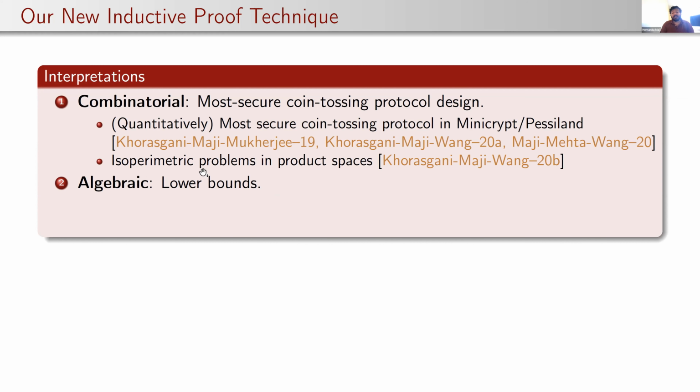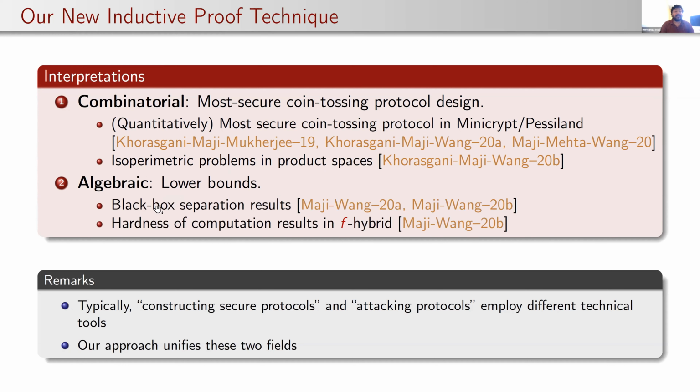If you take a more algebraic perspective, then it yields new analysis techniques in complex models that yield black box separation and hardness of computation results. In this talk, we will be taking this algebraic perspective into the new technique that we have proposed in these works.